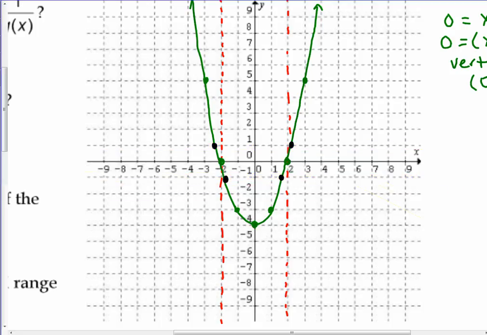Okay, so back to drawing. We can now do the point 0 and negative 1/4. About right there. The y value was negative 4, so we took the reciprocal of negative 4, which was negative 1/4.